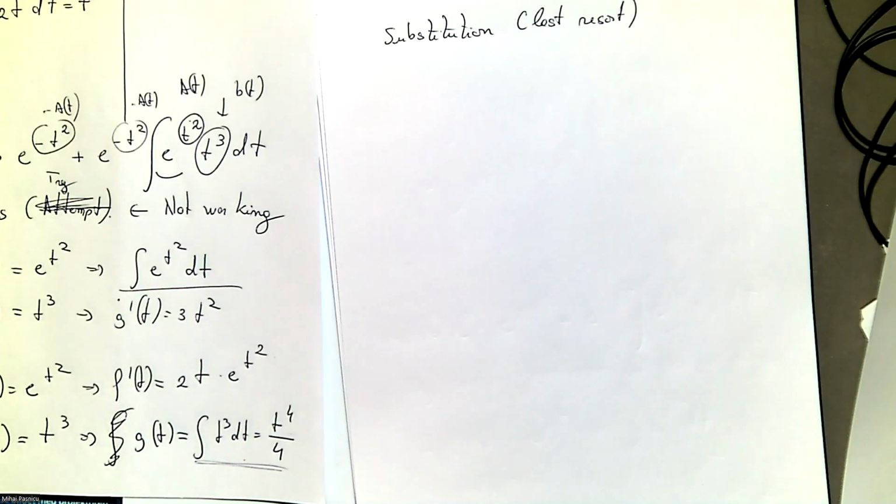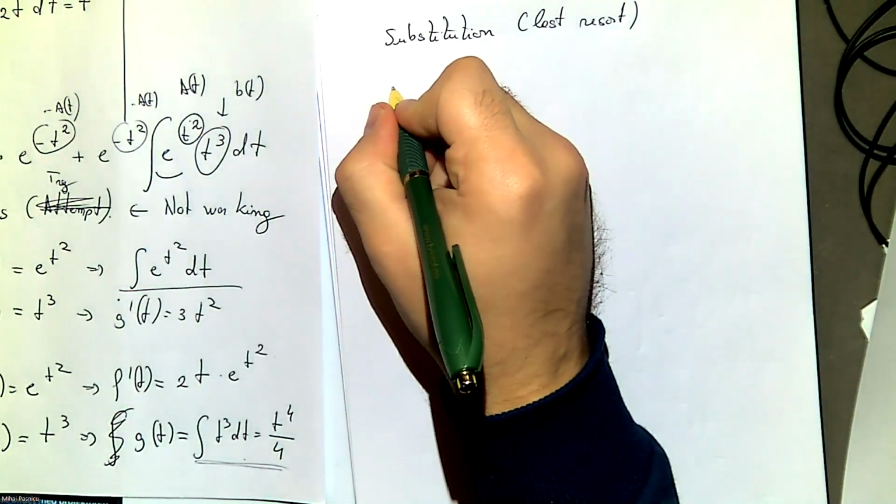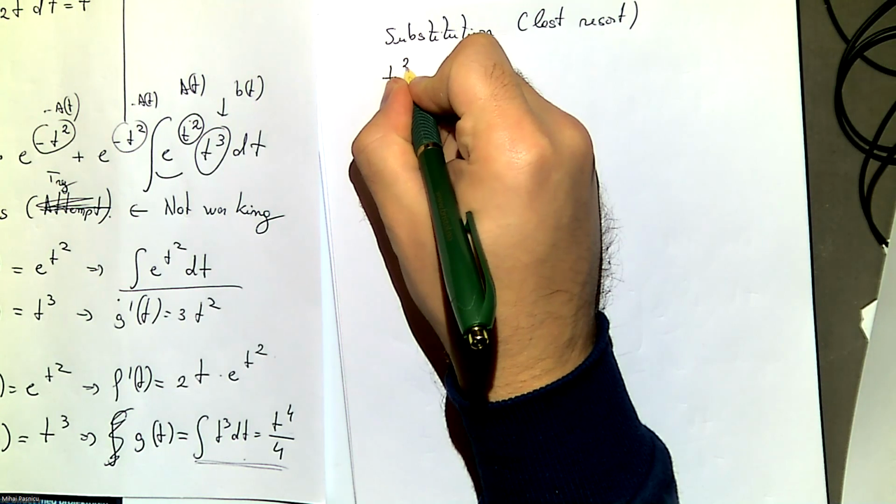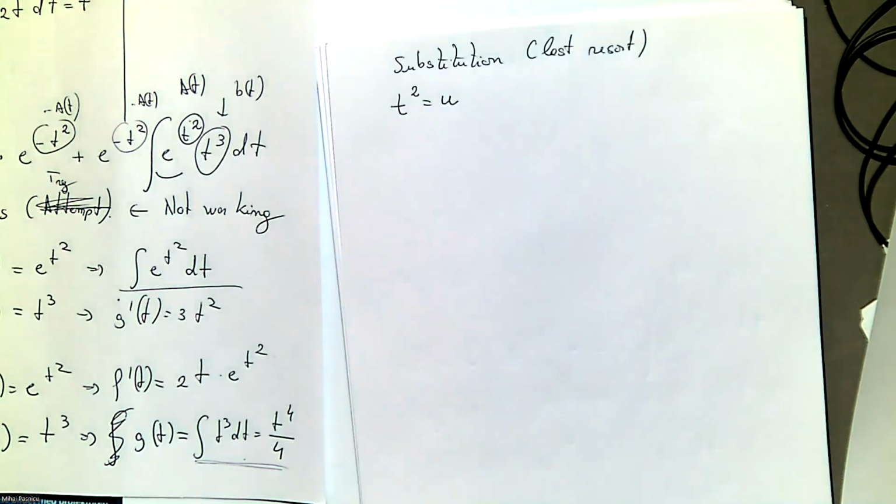What substitution am I thinking of? It's kind of hard really, but what I would say is a good substitution is t squared is equal to u. That was my idea.